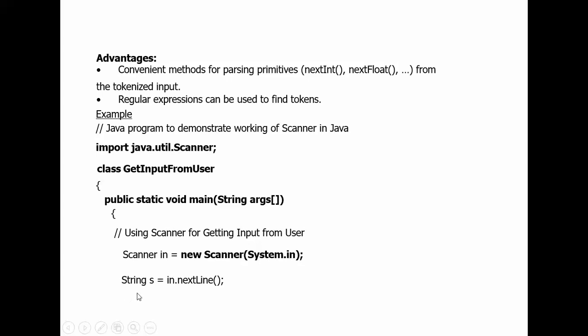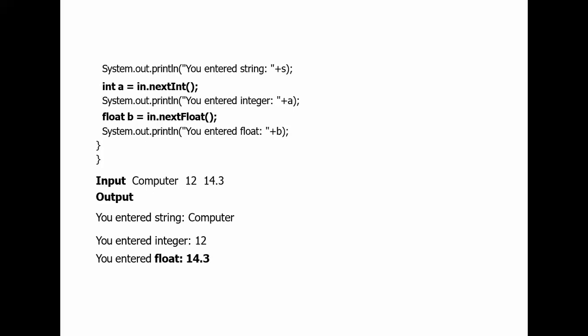For example, if I want to read a string, String x, the object name is in dot, and the method to read a string in the Scanner class is nextLine. So now you can understand the difference: in BufferedReader, to read a string we use readLine, and in the Scanner class we use nextLine. For integer it is nextInt, for float nextFloat. These are some examples of the Scanner class in Java programming.